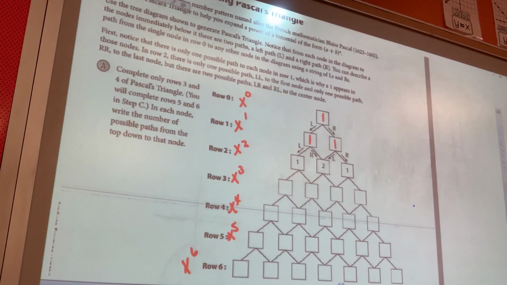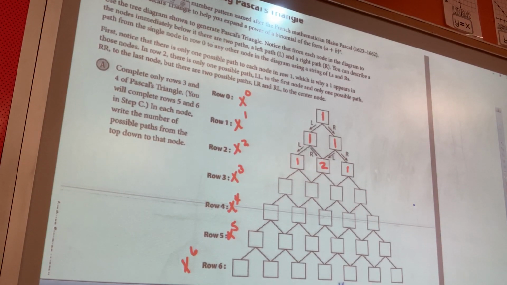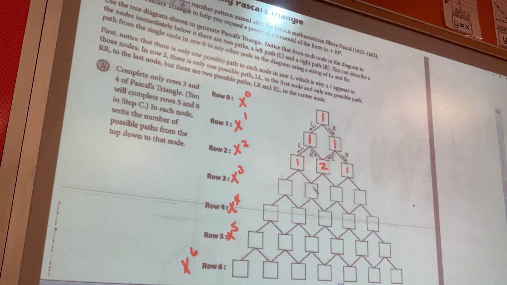Now, going from here, I could go to 2 different places. I could go here, and this one could also be split into 2 different places, left or right. Well, this is going to be 1, 2, 1, because there are 2 possibilities here. Well, let's put 1 here.